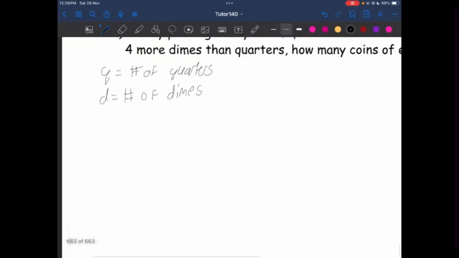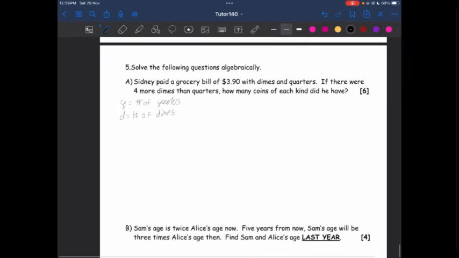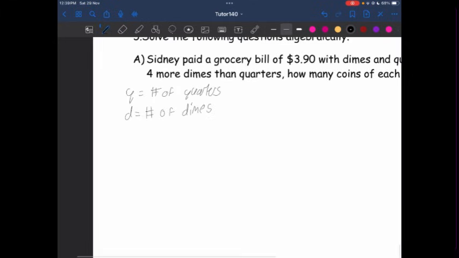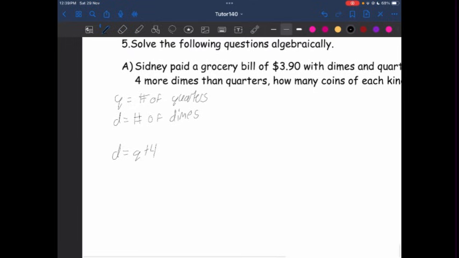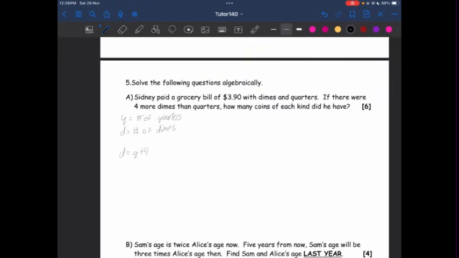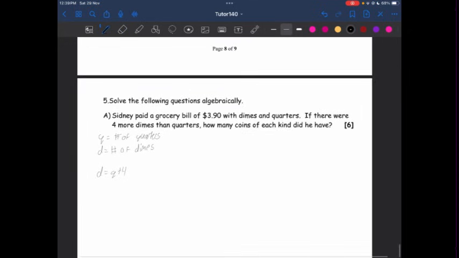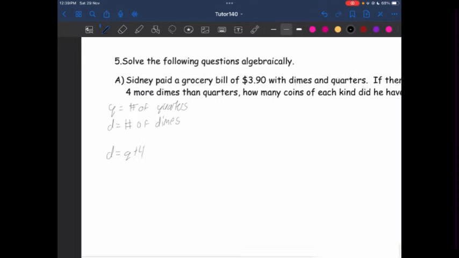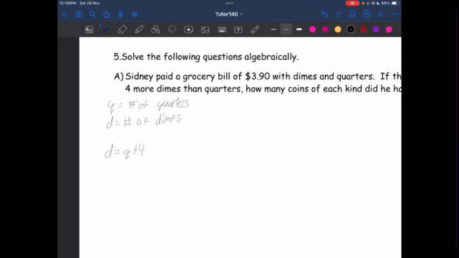The first thing they said is that he has 4 more dimes than quarters. So our dimes are equal to our quarters plus 4. And then they said that he paid the bill with dimes and quarters, and the bill total was $3.90. So we know how much dimes and quarters are worth, right? We know that a dime is 0.10.